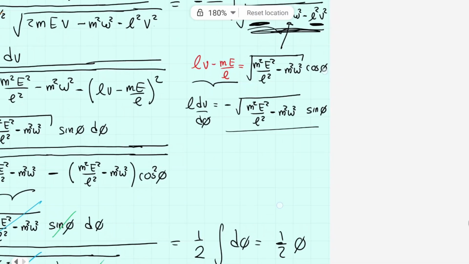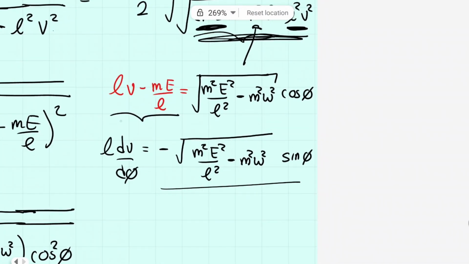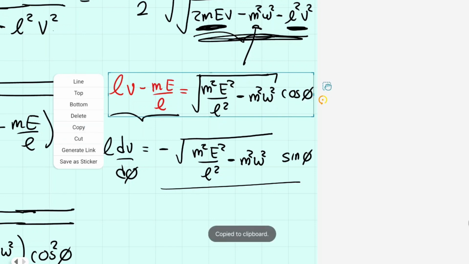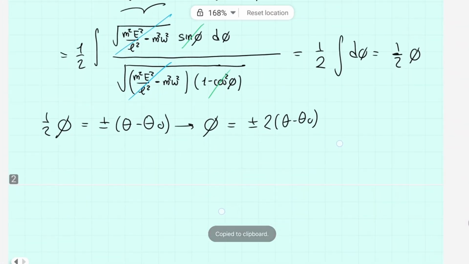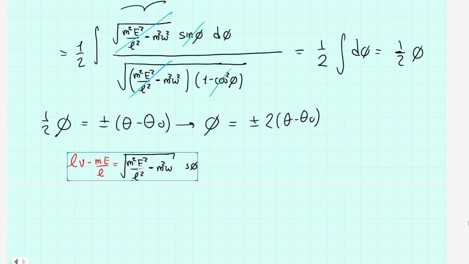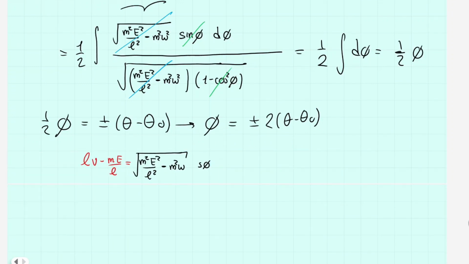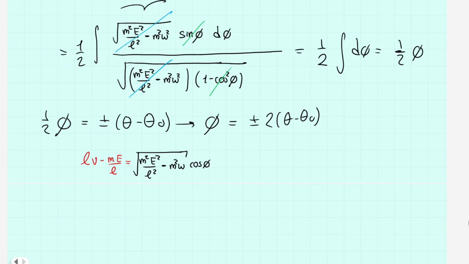But remember that phi was included in this change of variable over here. So we need to substitute what we just found for phi in this equation here. There is a cosine of phi here.